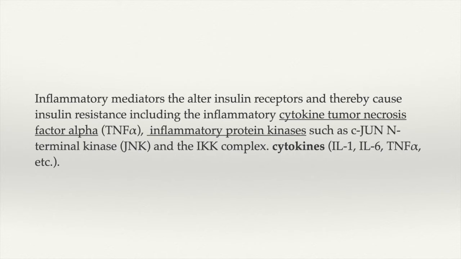Inflammatory mediators that alter insulin receptors and thereby cause insulin resistance include the following: cytokines such as tumor necrosis factor alpha, TNF, and inflammatory protein kinases such as c-Jun N-terminal kinase, which is abbreviated JNK, and the IKK complex, other cytokines also like IL-1, IL-6, TNF-alpha, etc. So these are inflammatory mediators that alter receptors in the cell.